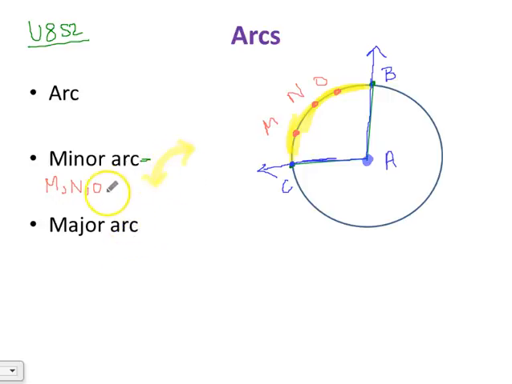So a minor arc has points on or in the interior of the angle.